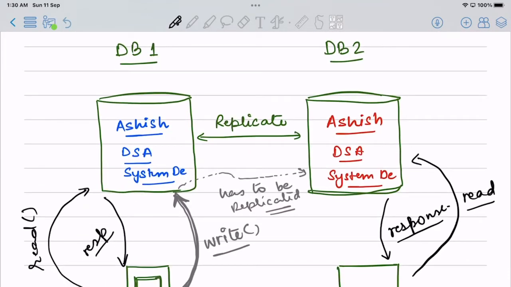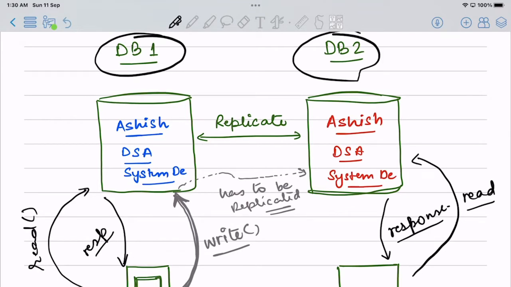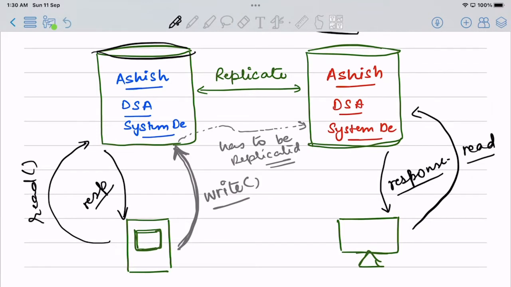Let's suppose there are 2 database servers, one is db1 and the other one is db2. Let's suppose whatever is written, say I've written Ashish over here, it will be replicated to the other database server also, like Ashish, then DSA, then system design.